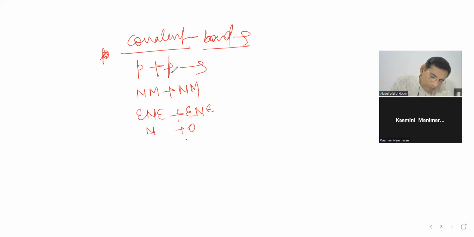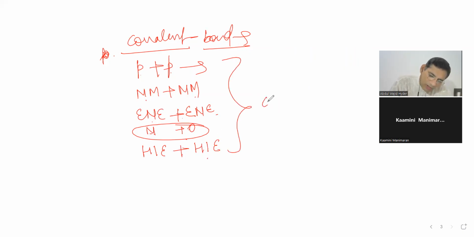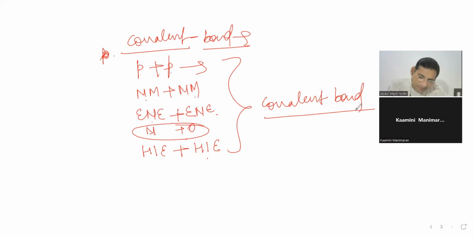P block plus P block, non-metal plus non-metal, electronegative element plus electronegative element, high ionization energy elements plus high ionization energy elements, then the bond formed will always be a covalent bond. Is this okay, beta?